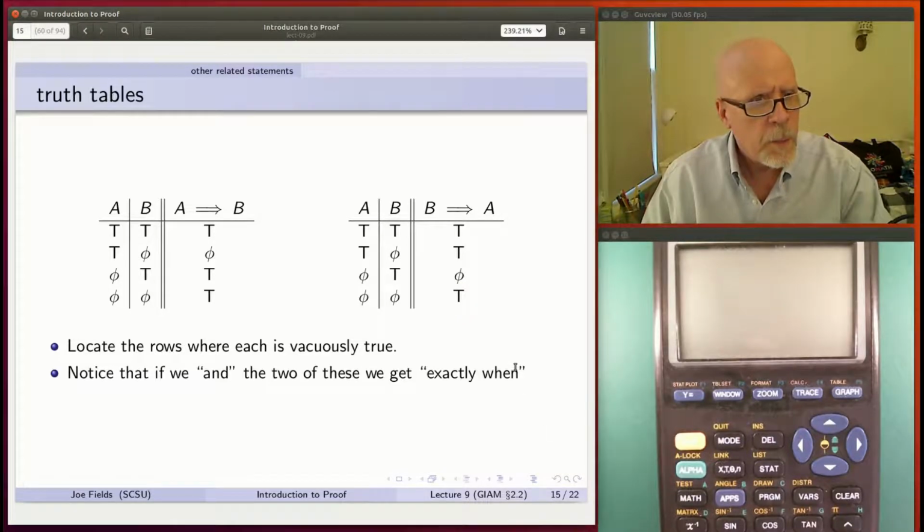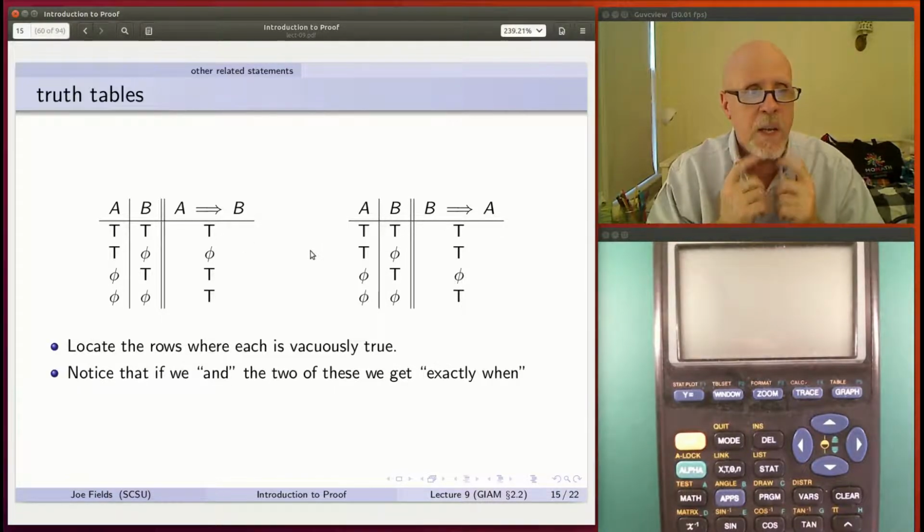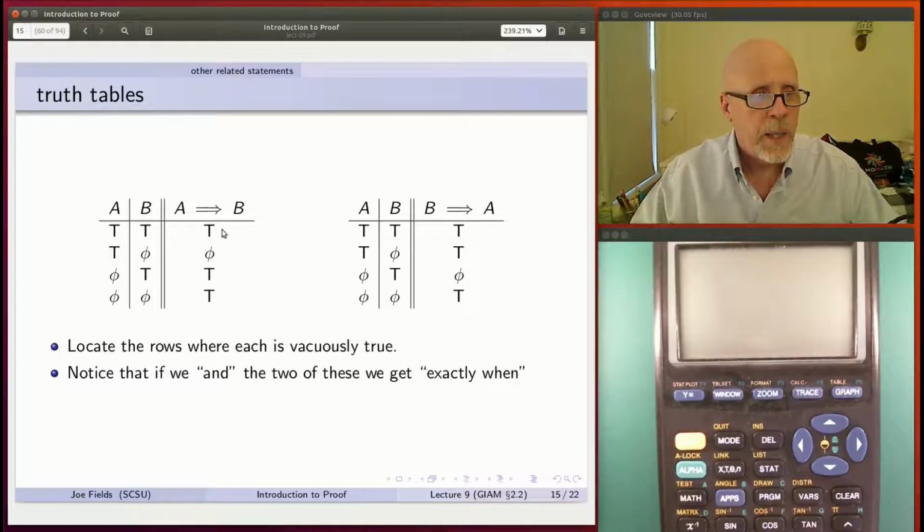Notice that if we AND the two of these, you're going to get the exactly-when thing. That's actually what I started with, but look at it again. A implies B is true both in the top and the bottom row. So is B implies A, top and bottom row. And they're mixed up in the middle two rows.